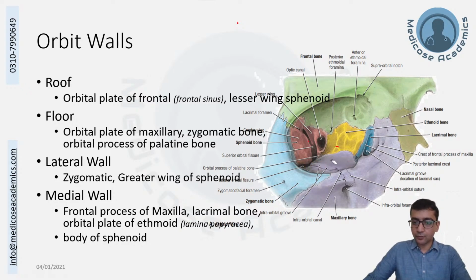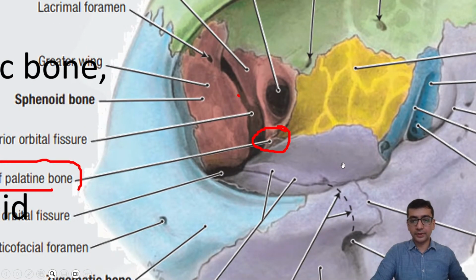Then we are left with this small bone, not very visible at first glance, this bone right here. It is a part of the palatine bone that is known as the orbital process, or orbital plate. And this is the bone that we did discuss when talking about the sphenopalatine foramen.